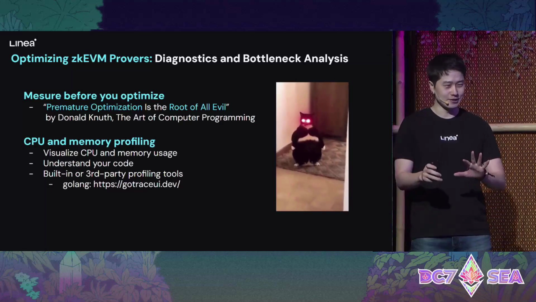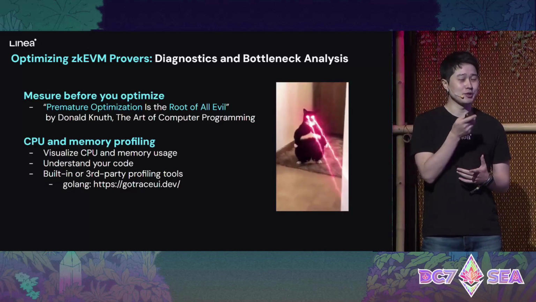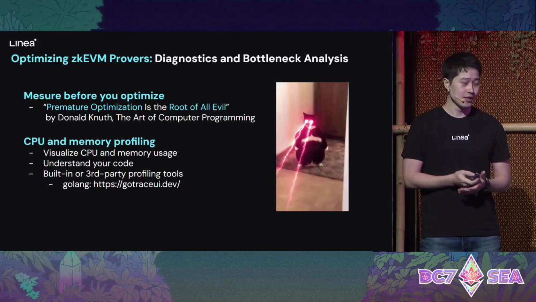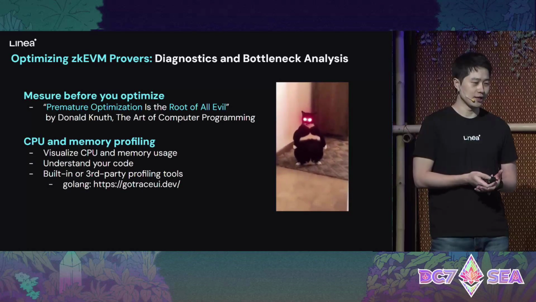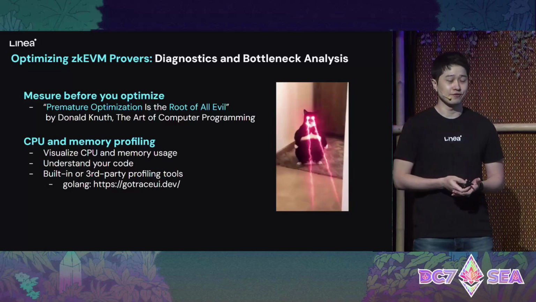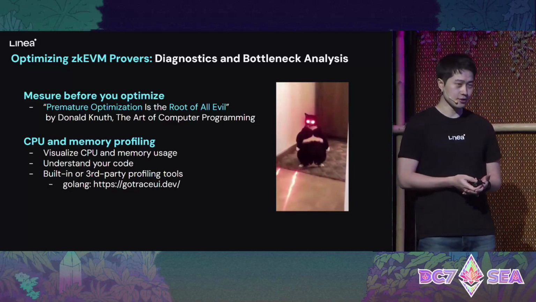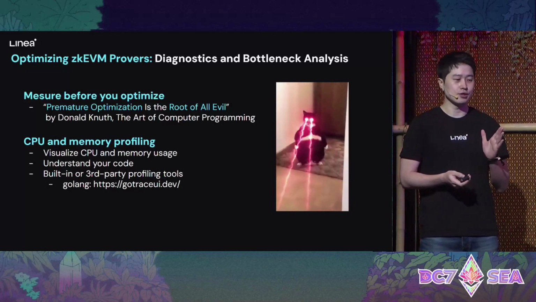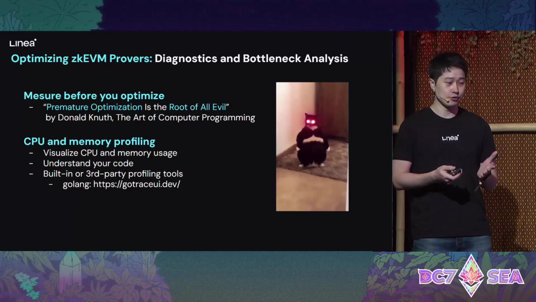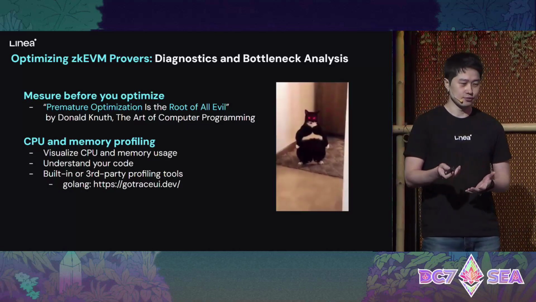So you just optimize it, because you think it's going to be the bottleneck, but in most cases it's not. So before you actually start optimizing your code, you need to find out the problems first. The most common and easiest way to do that is using CPU and memory profiling. Most languages have built-in profiling tools so that you can visualize your CPU or memory usage, and you can understand your code there.